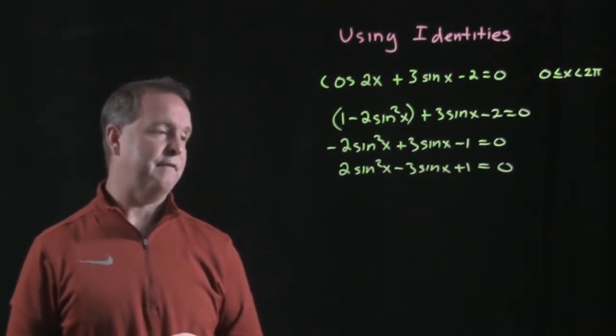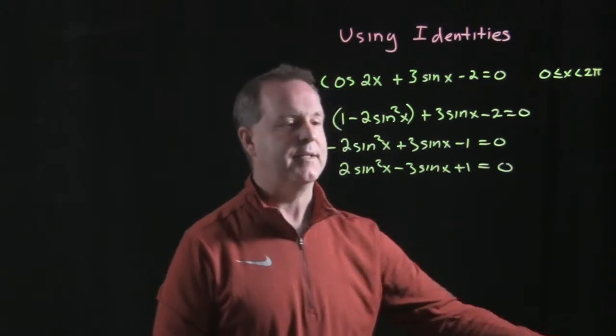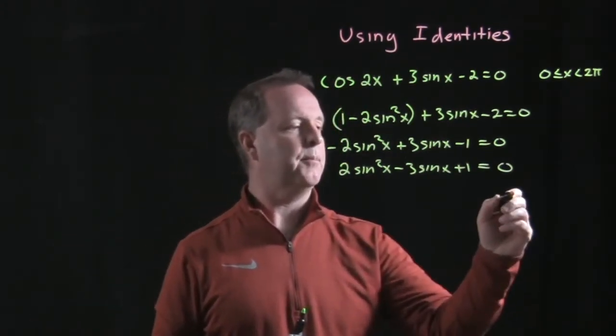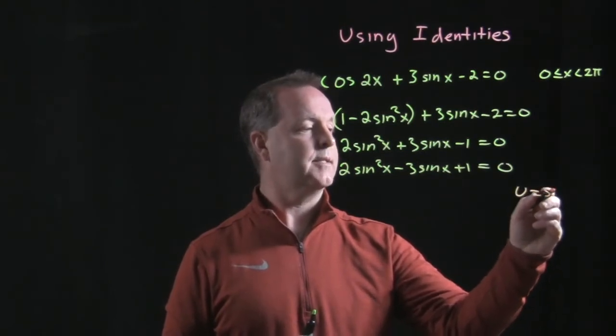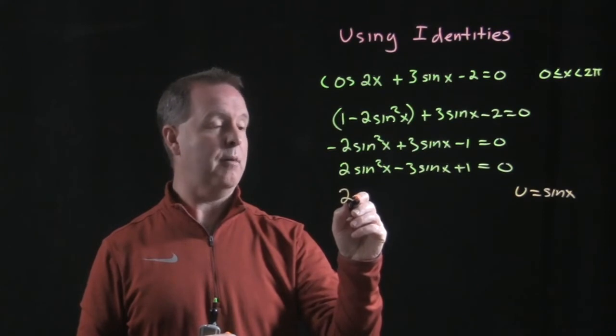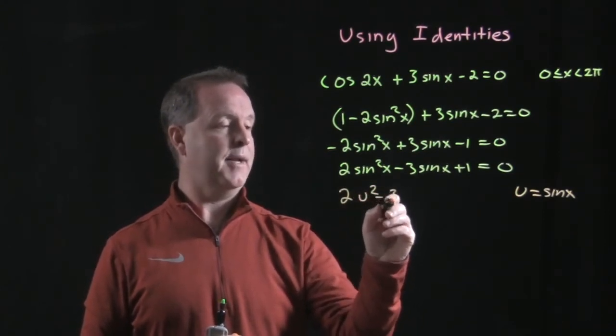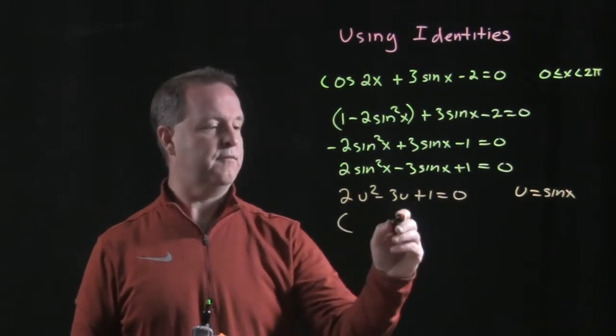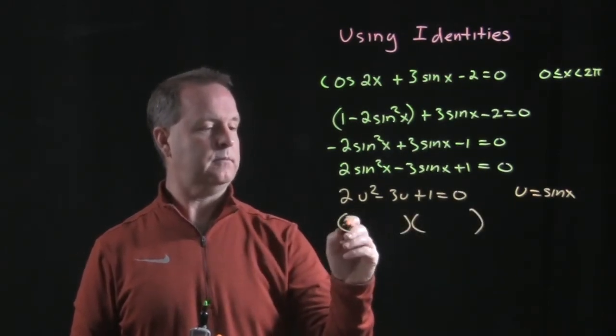We're going to see if that factors. Again, if it's helpful, we can do a u substitution, where we pretend that u equals the sine of x. If that's the case, this is the same problem as 2u squared minus 3u plus 1 equals 0. Let's factor that one down.